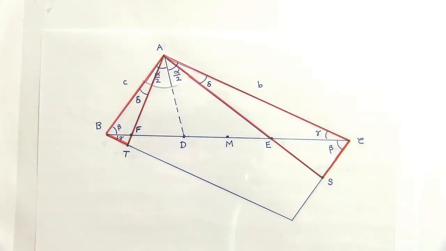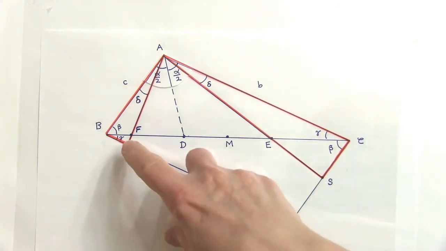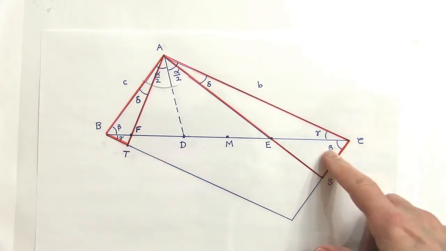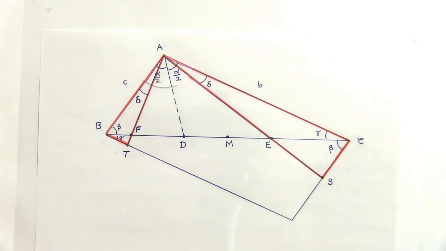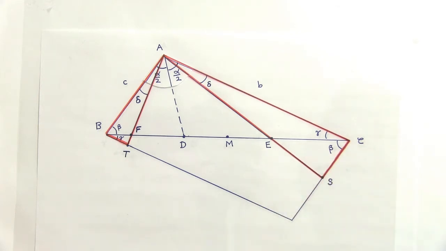And the third angle must also be the same here and here. It must be 180 minus beta minus gamma minus delta, which we don't need to know, but that would be alpha minus delta again, because 180 minus beta minus gamma is alpha.